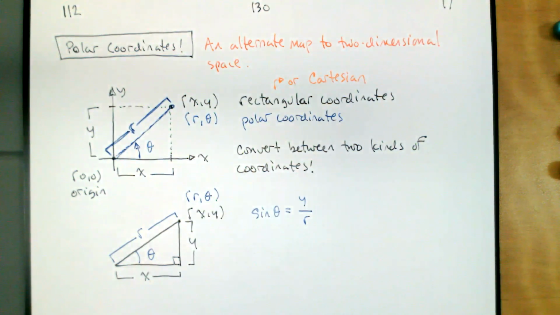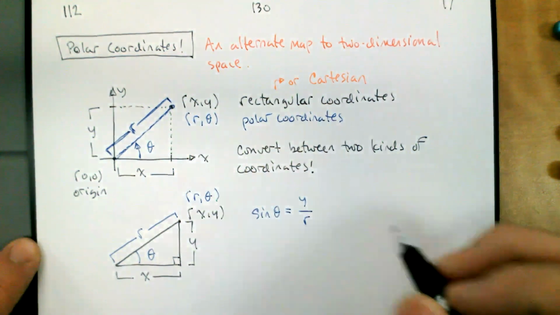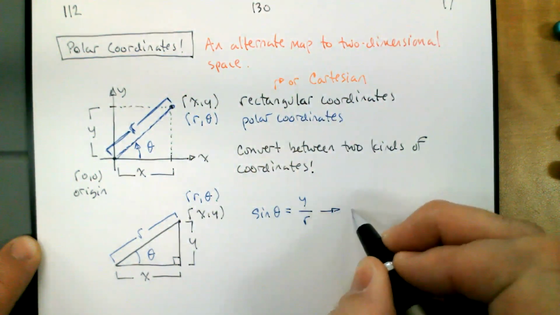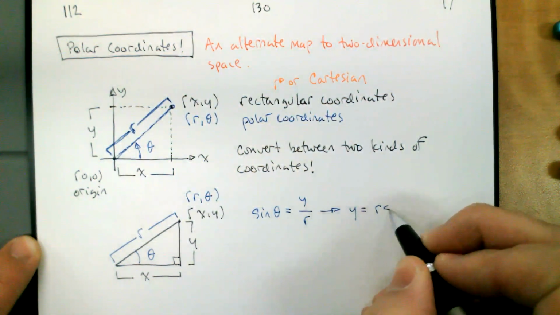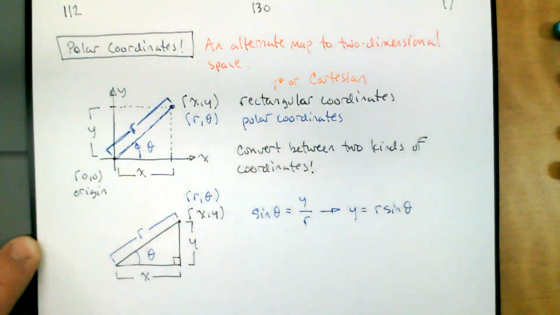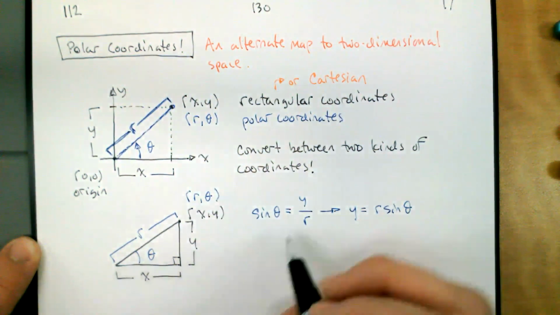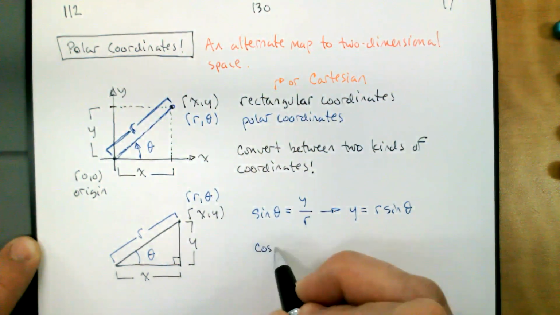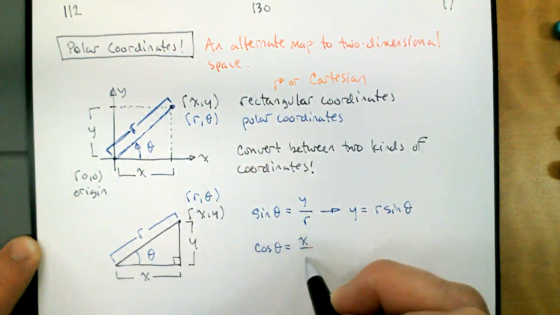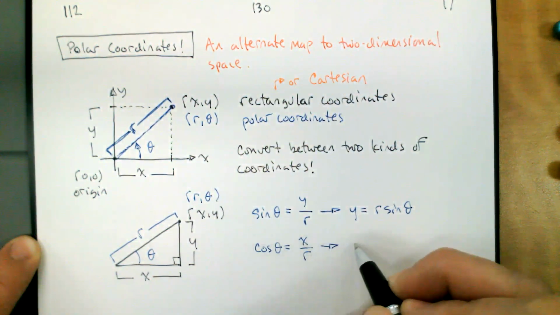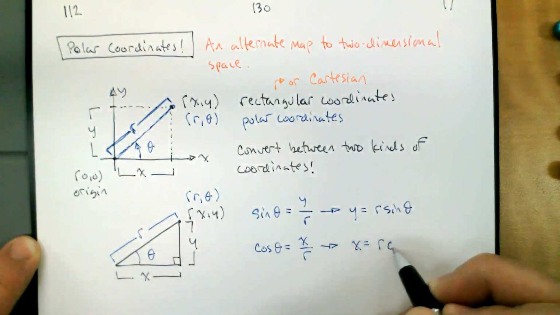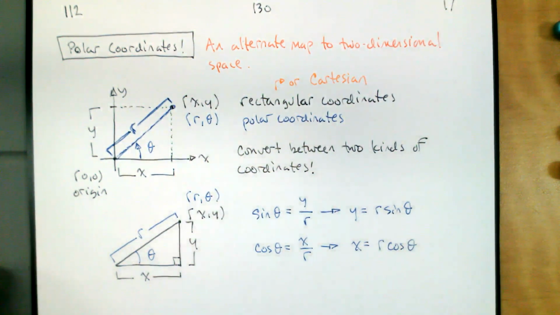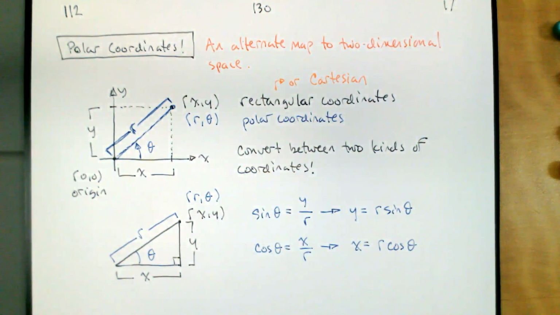If I multiply both sides by r, that tells me that y is r times the sine of theta. Cosine of theta is adjacent over hypotenuse. If I multiply both sides by r, then x is equal to r cosine theta. So if I have r and theta, I can calculate what my x and y coordinates are.